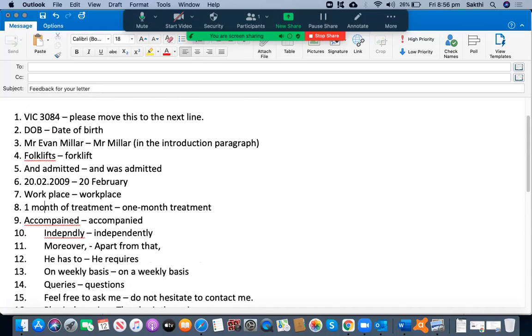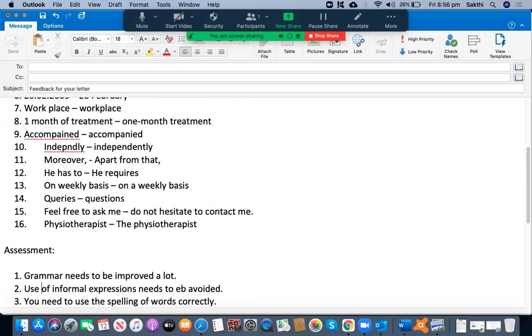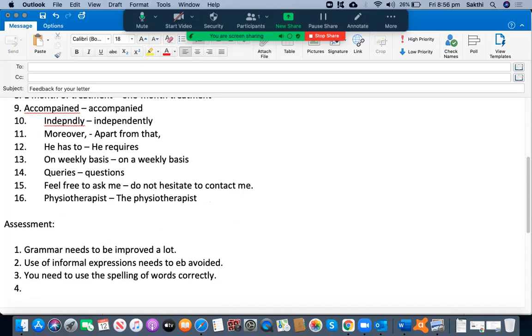Okay, the next one is expansion. You need to expand all the abbreviations in your letter. Remember that abbreviations are not allowed. They actually make a letter more informal. As a result, you need to expand all the abbreviations in your letter.